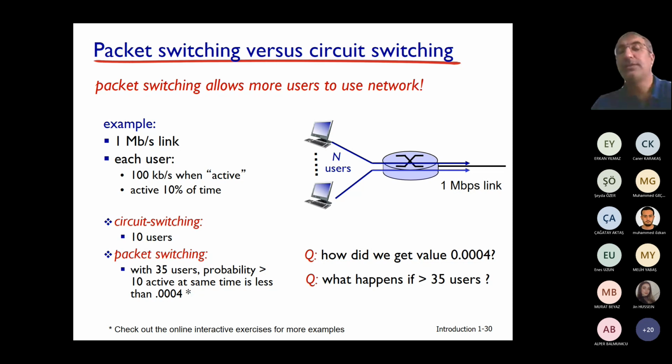So in this case, we support 10 users maximum when we have a 1 megabit per second link. But let's calculate this for packet switching. We can support up to 35 users, with the probability of more than 10 active at the same time being very small.